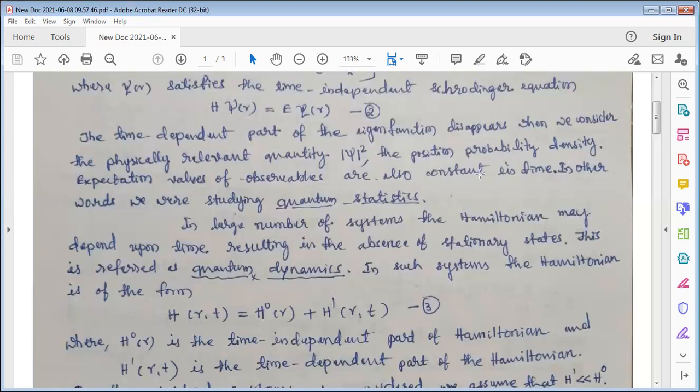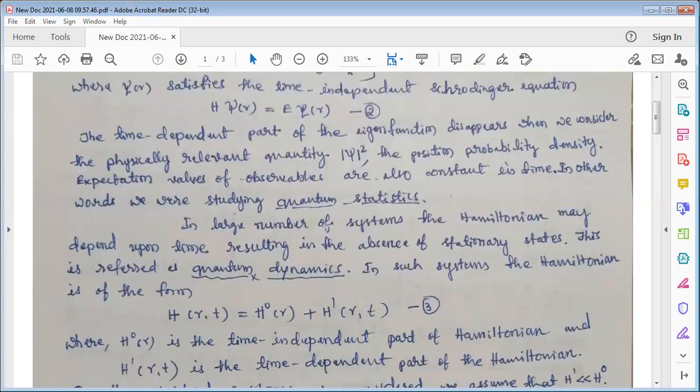In other words, we can say that you are dealing with quantum statistics. That is why in quantum statistics the time is neglected, and we assume that the system status is not changing over the period of time, it will be as it is. So that is the quantum statistics.